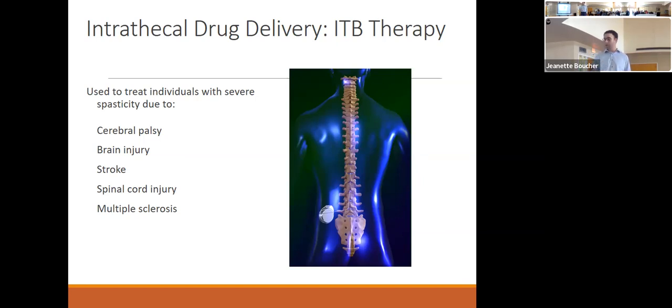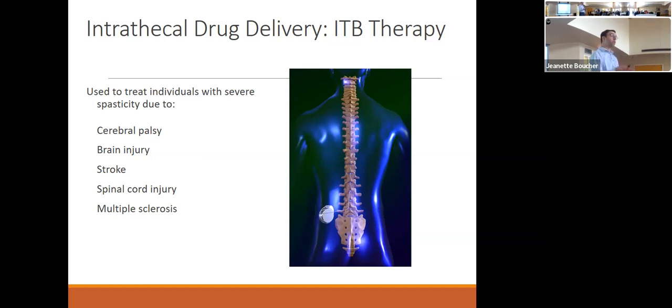It has a catheter, so a small tube, okay, that's then introduced into the area surrounding our spine that contains our cerebral spinal fluid. The pump typically will program to continuously administer that medication directly into the cerebral spinal fluid. It bypasses having to go through that brain-blood barrier, and this can give us an increased effectiveness.